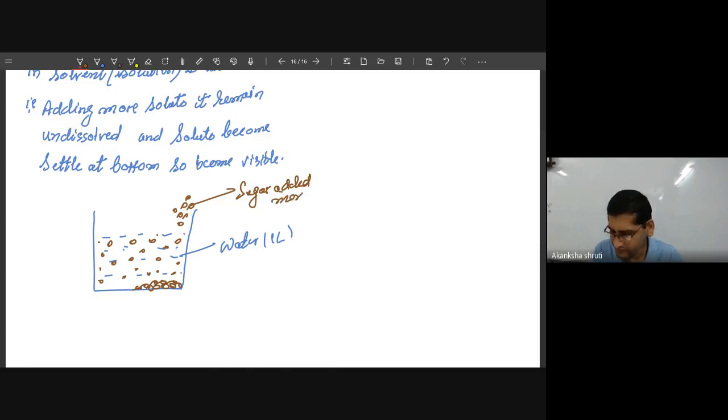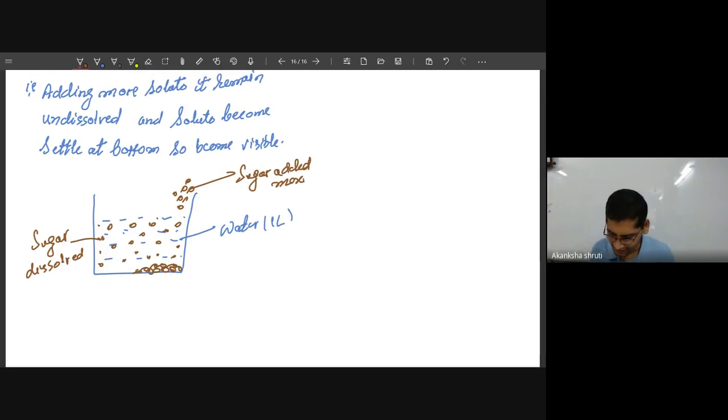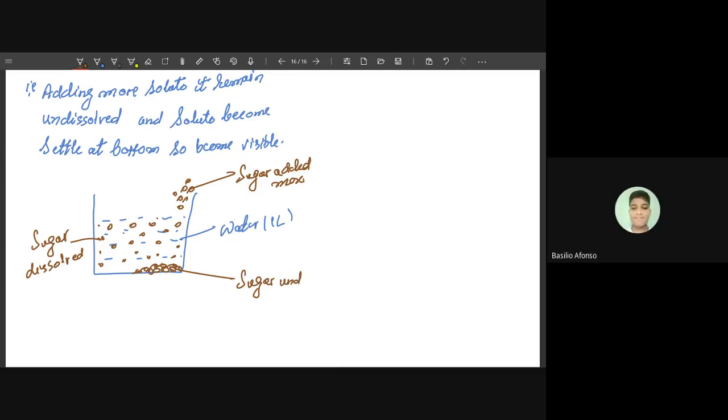These are the sugar particles which are dissolved, lying in between the interparticle space of the water. These are the undissolved sugar.